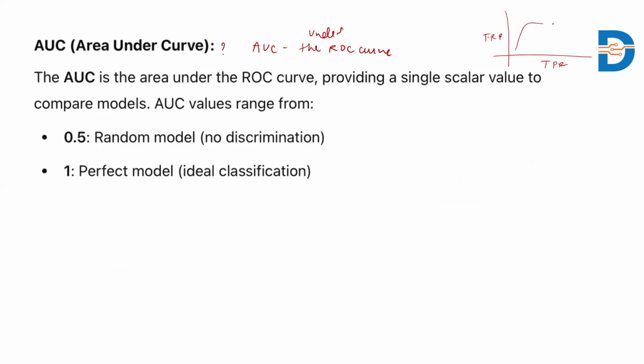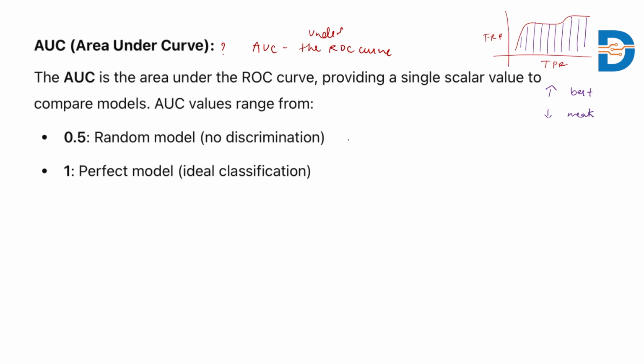Now AUC considers the area under the ROC curve. If this area is higher, then your model performance is good. If this area is lower, your model performance is not so good, average, or it's a weak model.